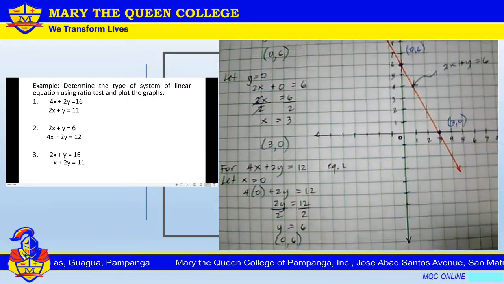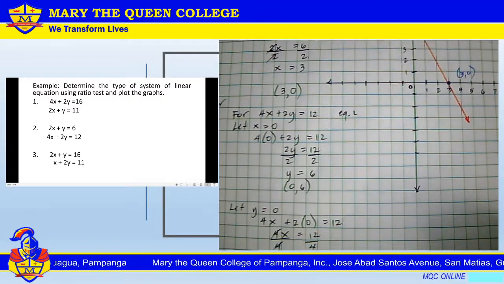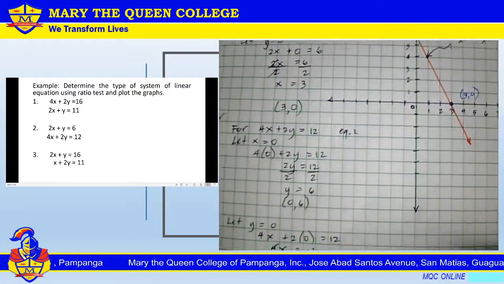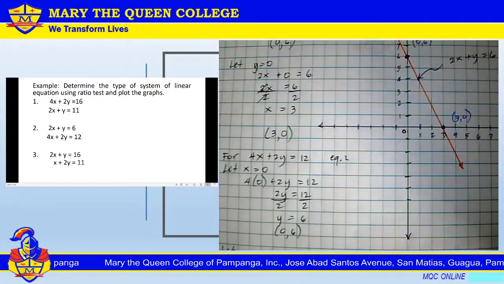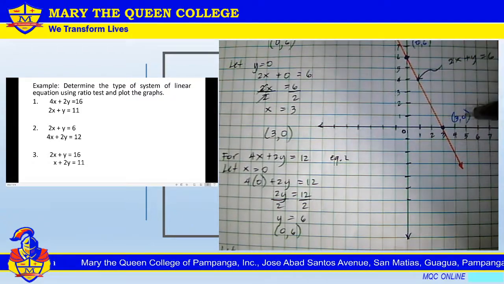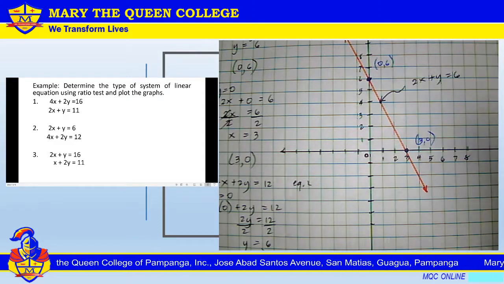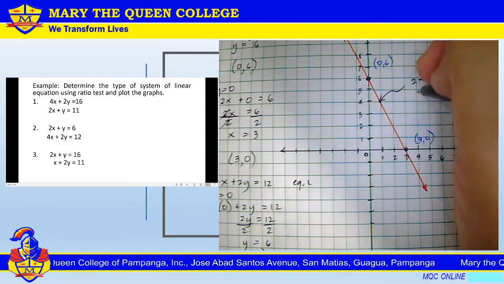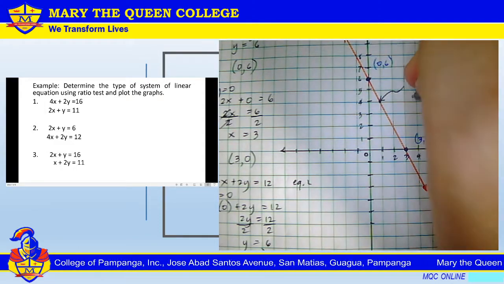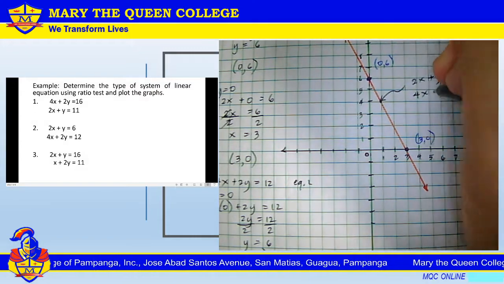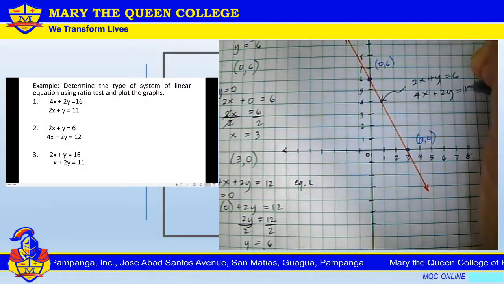And then plotting for our second set of points, it is also 0, 6 and 3, 0. They are the same. So it can be concluded that this one, 4x plus 2y is equal to 12, is the same.